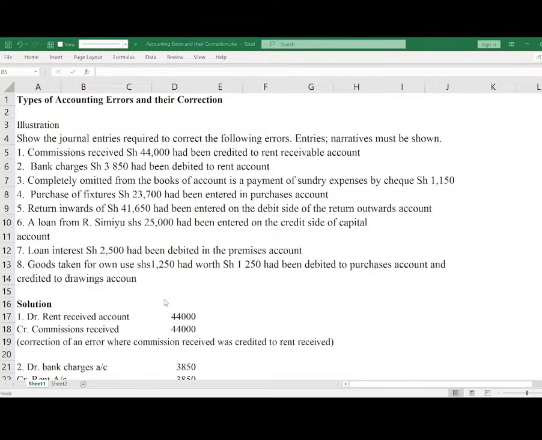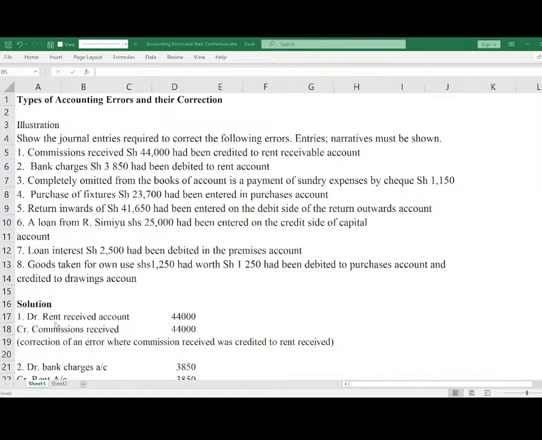So in order to correct this, we are going to credit the commission since it is increasing the revenue, and then we debit the rent receivable account.